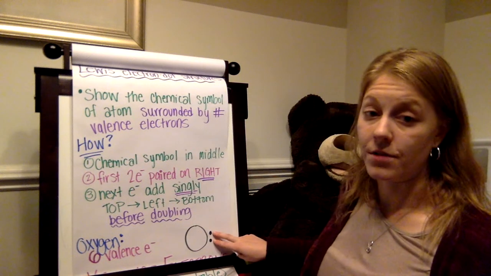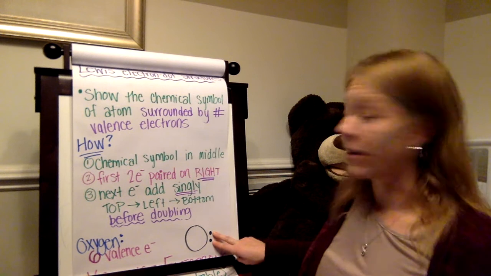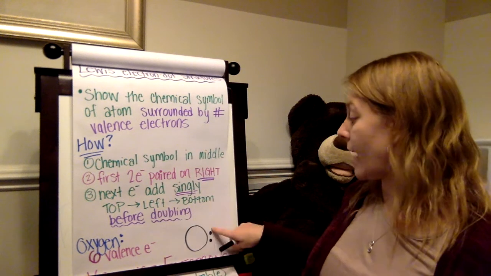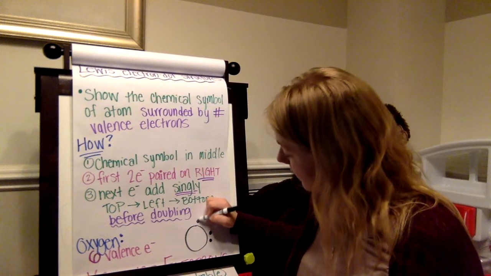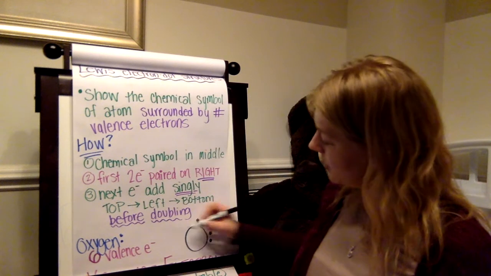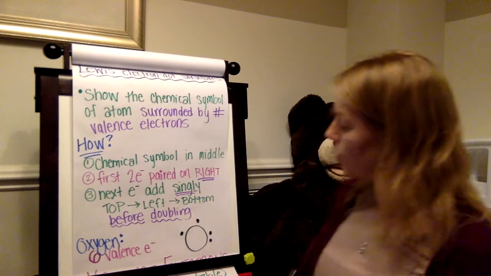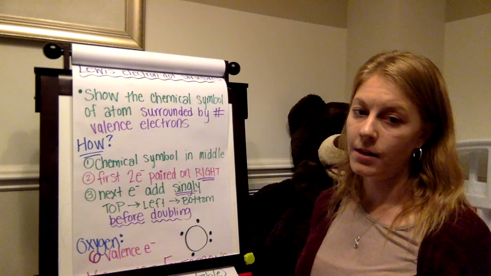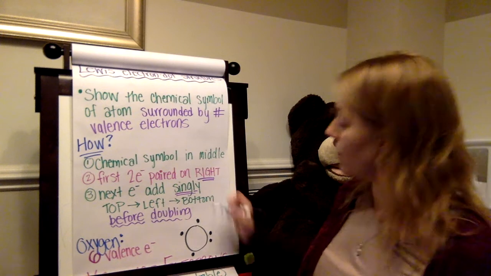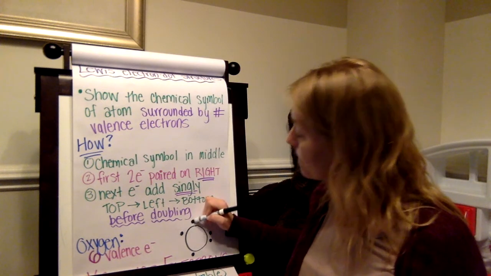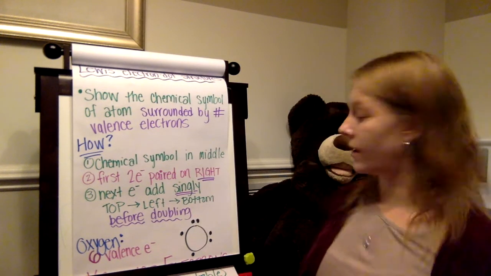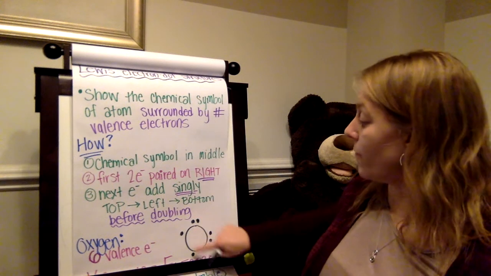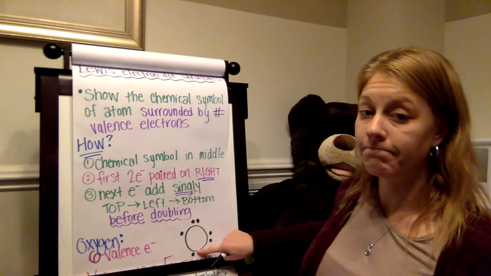So 1, 2. Now the next electrons are going to add singly, top, left, bottom. I have 2. Here's 3. Left is 4. Bottom is 5. We need 6 valence electrons, so 1 more. We're going to double up at the top. 6, right? So double at the right, then singly, top, left, bottom, then double top.